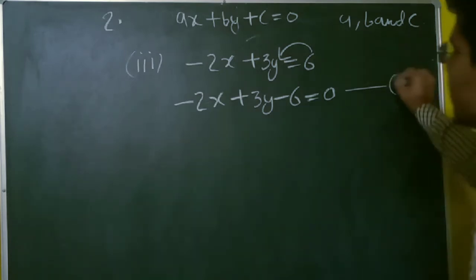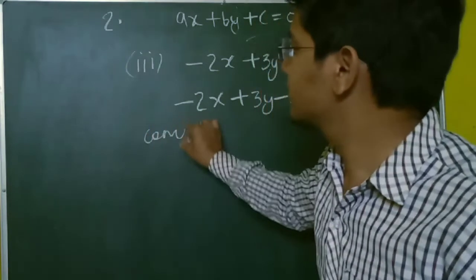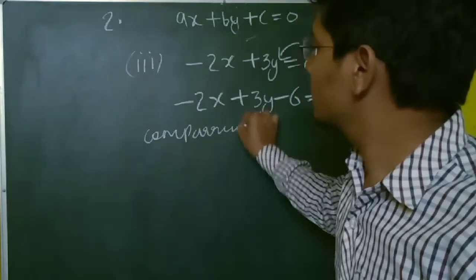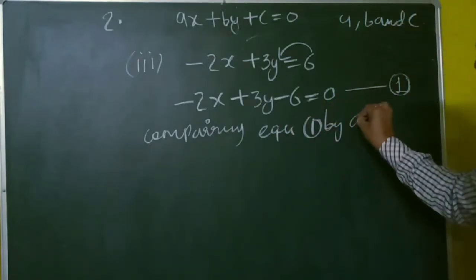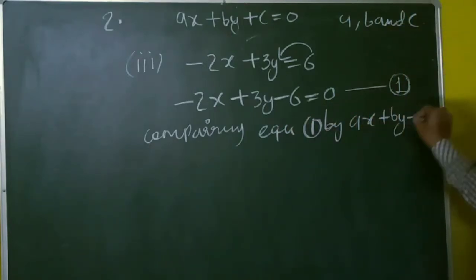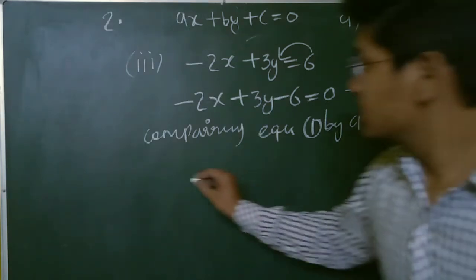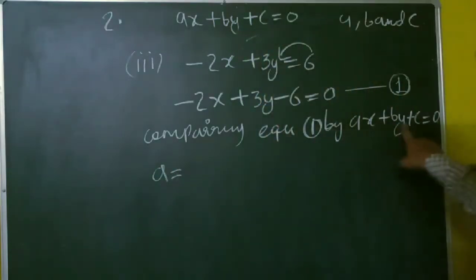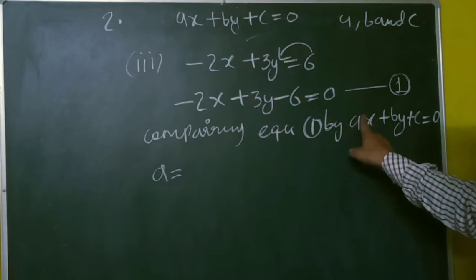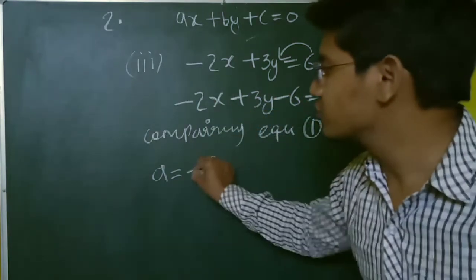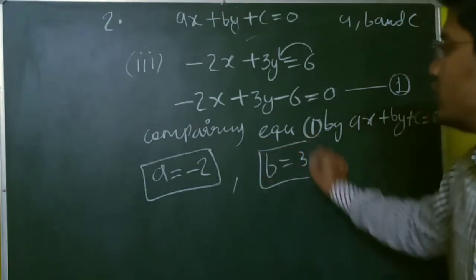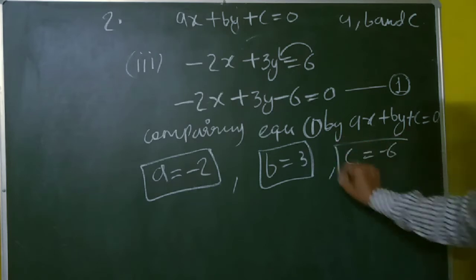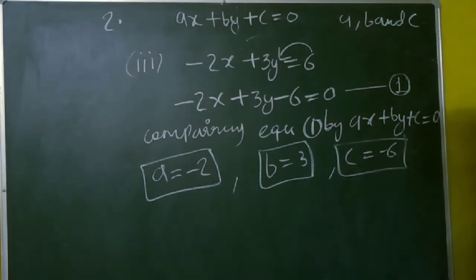We will say that comparing equation first with ax plus by plus c equals 0, here with x we are having minus 2, so the value of a will be minus 2, the value of b is 3, and the value of c is minus 6. These are the values of a, b and c.